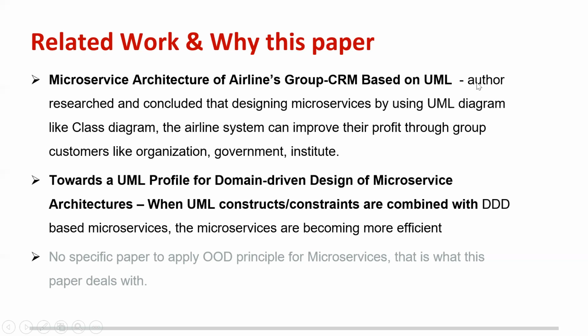In this paper, the author has suggested that we can use the class diagram of the application to design the microservice. Hence, the microservice becomes more efficient and it helps the airline system receive more profit from group customers, like an organization, government, or institute.